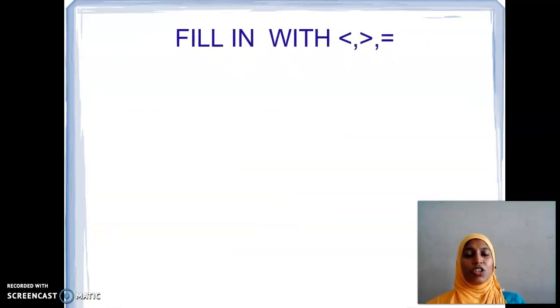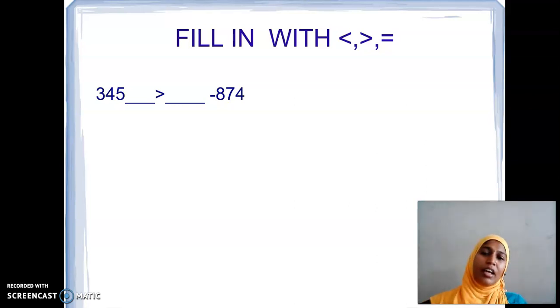Now, it's your turn to fill in these boxes. Though I have given the answer, just have a look and try, and I will also explain how it comes. First one, 345 and minus 874. Which is bigger?